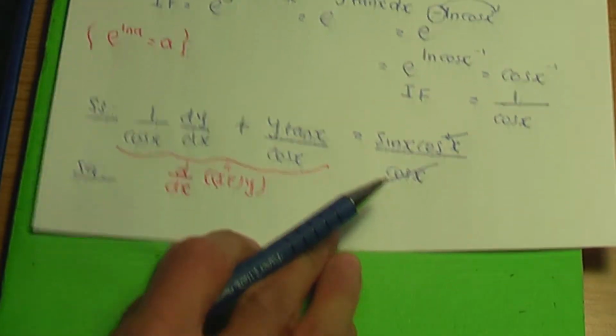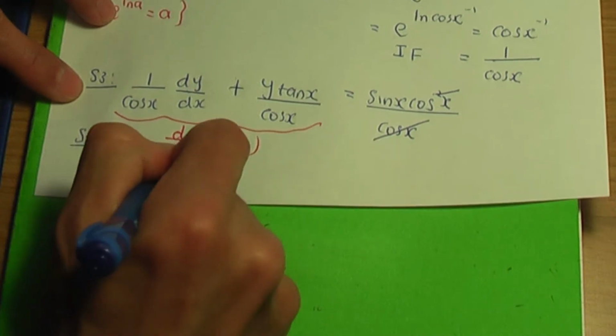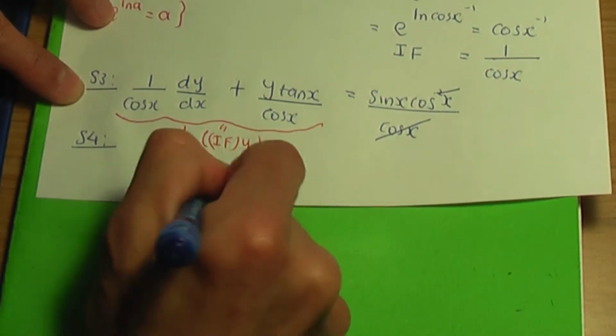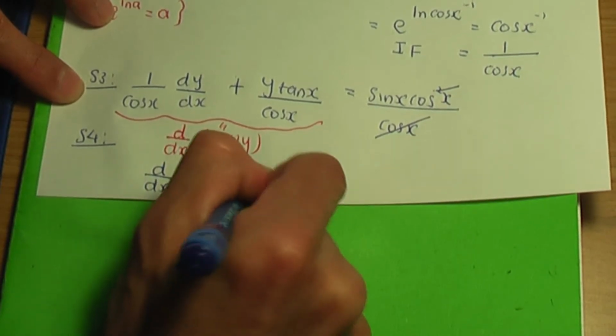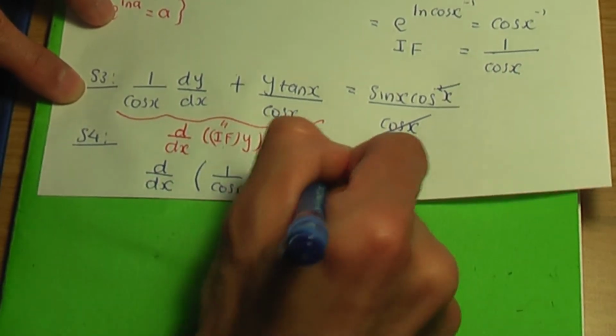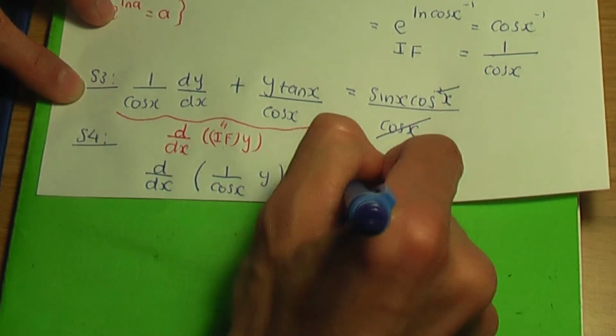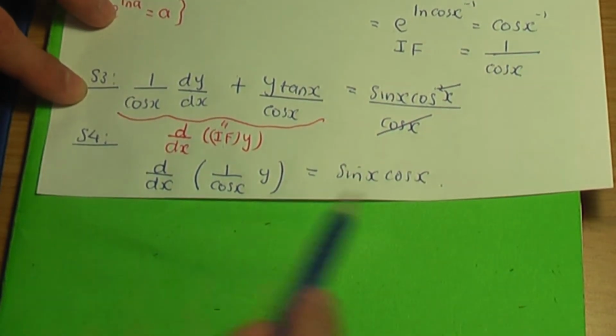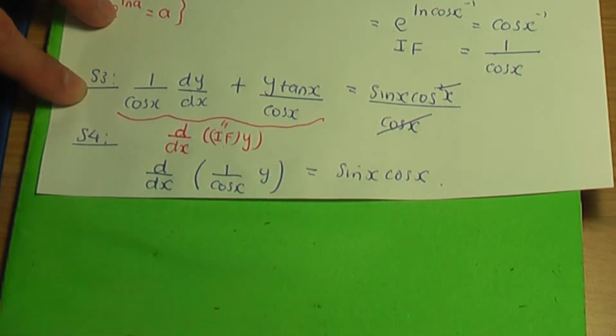So let's use this result. We're going to end up with d by dx of 1 over cos x into y, equal to the right hand term, which is sin x cos x. So that is the equation that we'll end up with as a result.